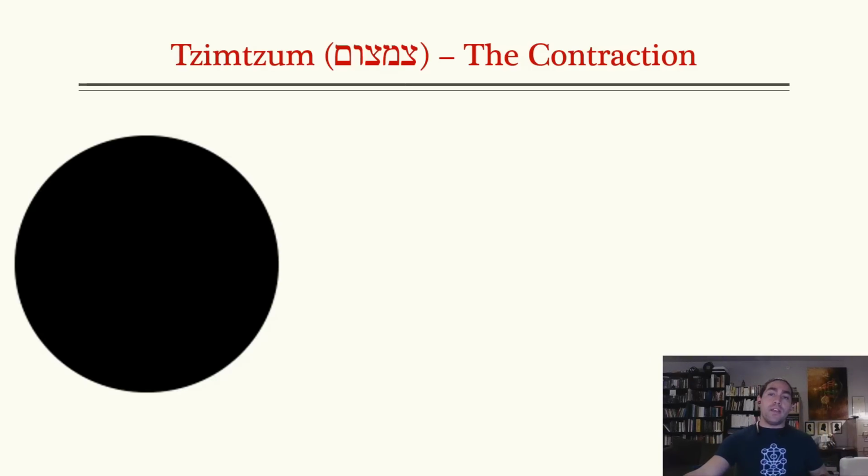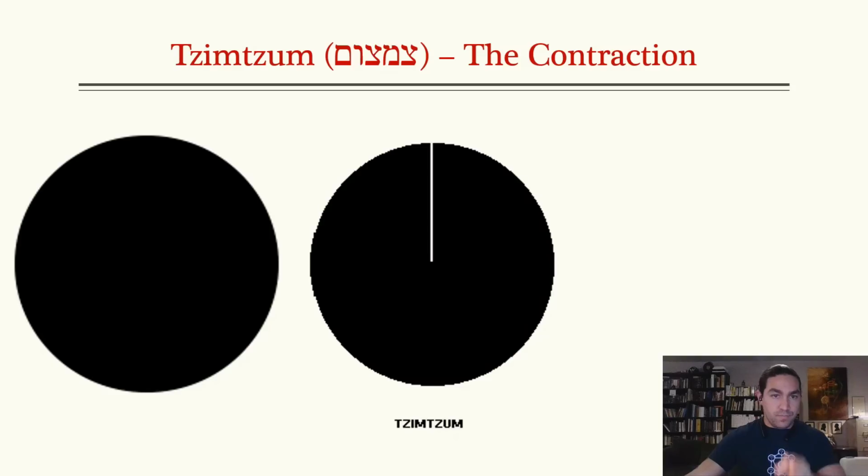This next step is that a single ray of light, which is symbolized here, projects in a straight line into the void to the center of the infinite.